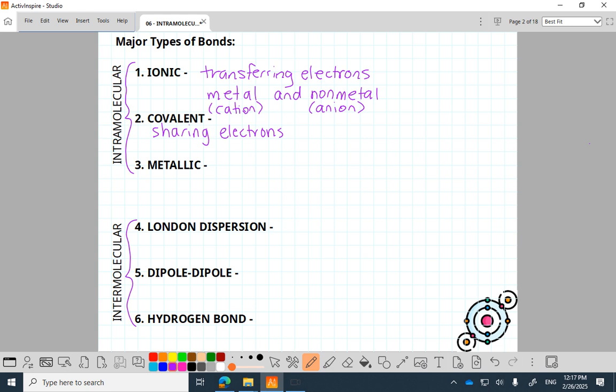Maybe you get two cookies from Tim Hortons, and your caregiver says, give your sibling one of the cookies. My daughter does this. She looks at the cookies and says to her brother, you have this little cookie, I'm going to have the big cookie. And elements do the same thing. So sharing electrons allows for flexibility.